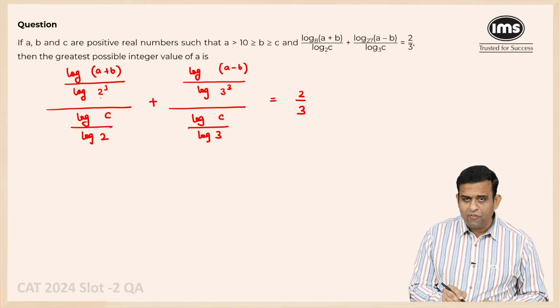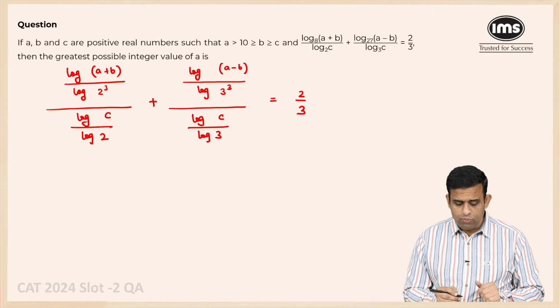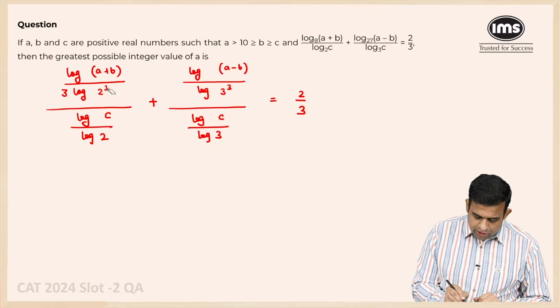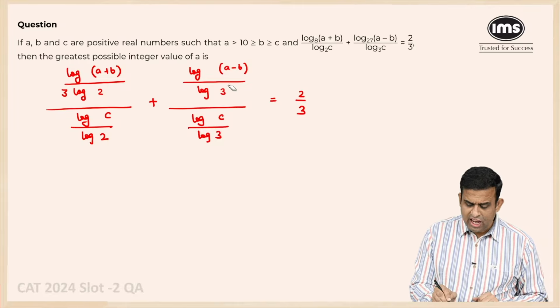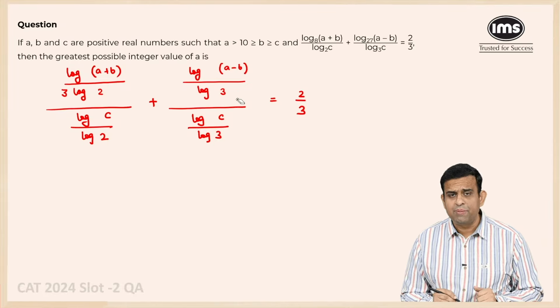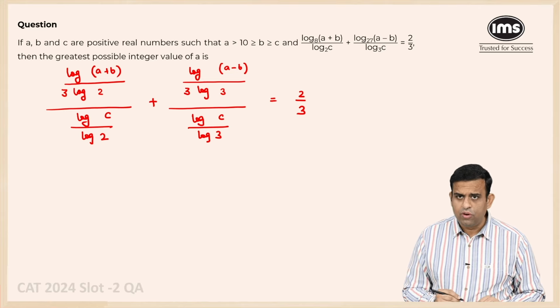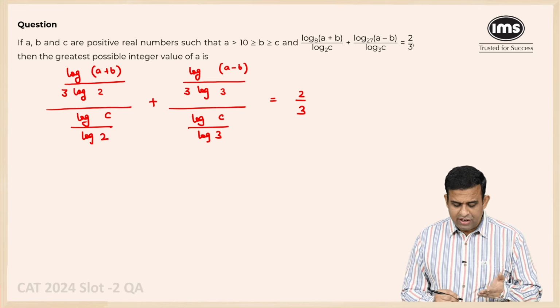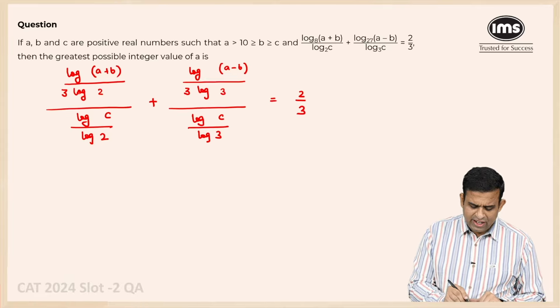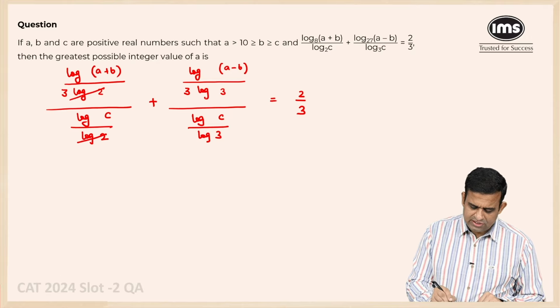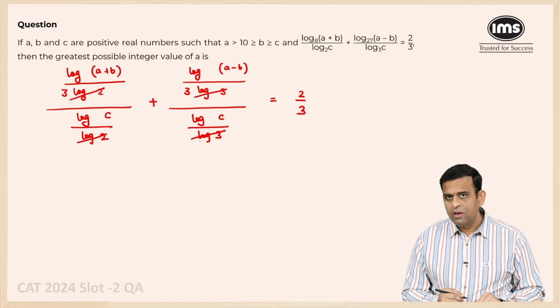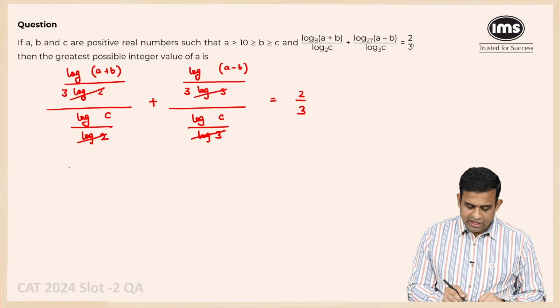The term log of 8, which becomes log of 2 cube, is equal to 3 log 2. And likewise the term log 27, which is log of 3 cube, is equal to 3 times log 3. So now if I look at this particular result, I can simply cancel this term on both sides, and what do we have?